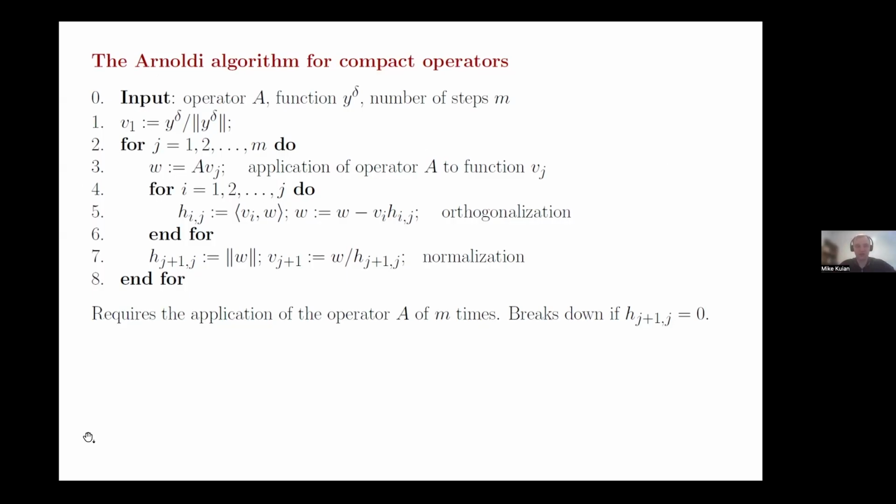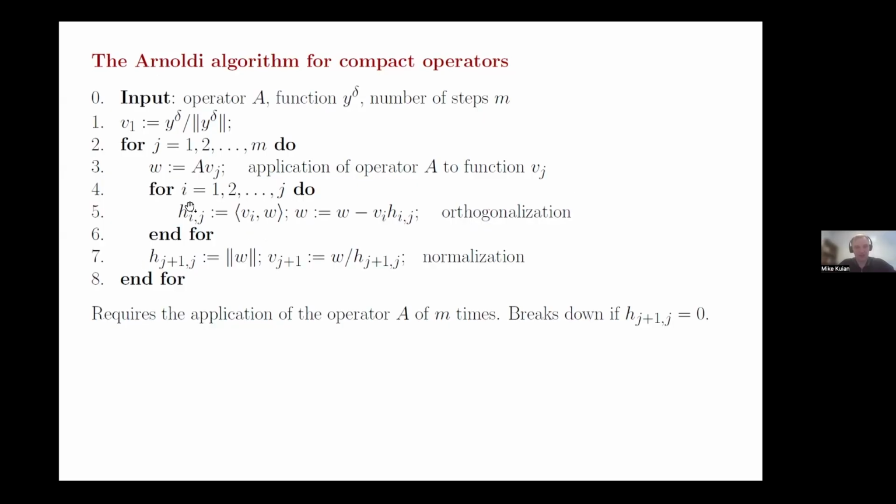We first select our original noisy data vector Y delta, and we normalize it. We construct an orthogonal Krylov subspace.